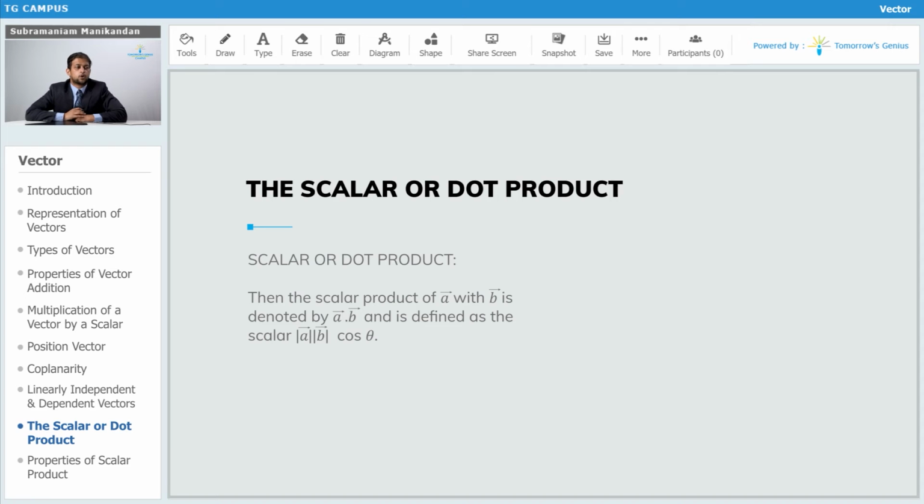the scalar product of A bar with B bar is denoted by the notation A bar dot B bar, and is defined as the scalar quantity magnitude of A bar times magnitude of B bar times cos of the angle theta. And what is theta? Theta is the smallest angle between them, the acute angle, if possible.